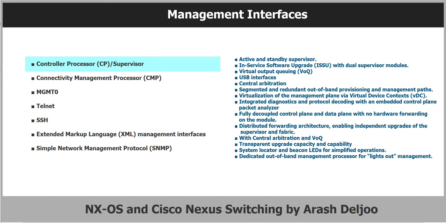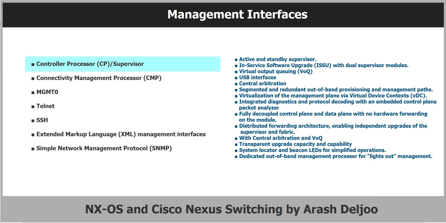Actually, the Cisco Nexus series supervisor module is designed to deliver a scalable control plane and management function. Okay, the Nexus supervisor module is based on an Intel dual-core processor that enables a scalable control plane.